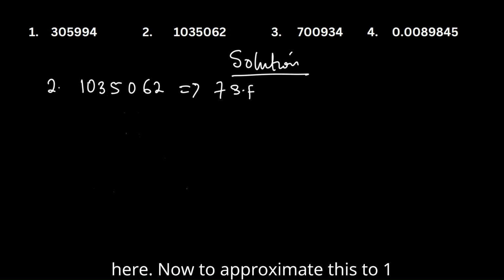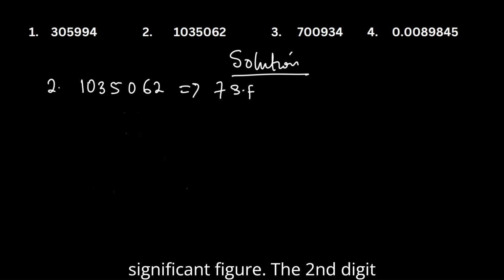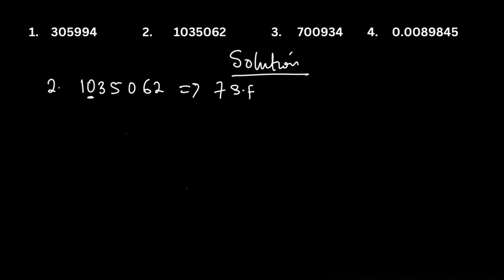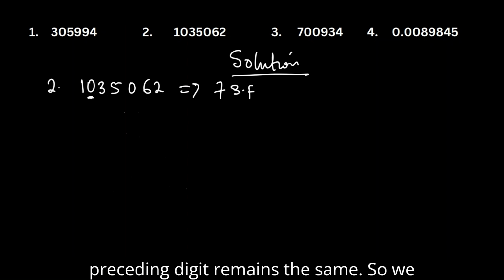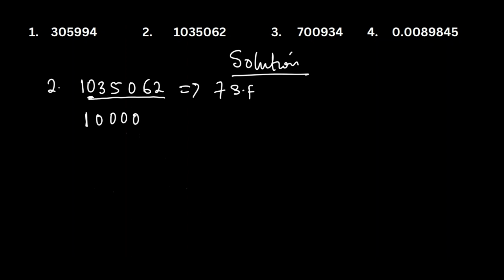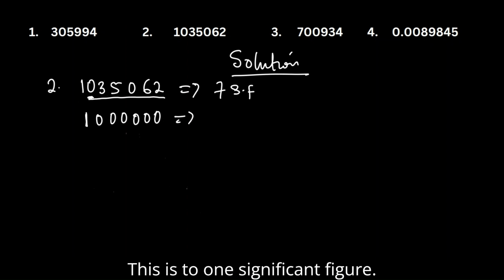Now, to approximate this to one significant figure, the second digit becomes our reference digit. Therefore, this is our reference digit, 0. 0 is a round-down digit, therefore the preceding digit remains the same. So we write 1, and from here becomes 0, 0, 0, 0, 0, 0, 0. This is to one significant figure.